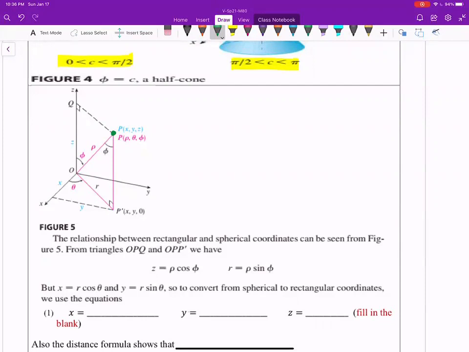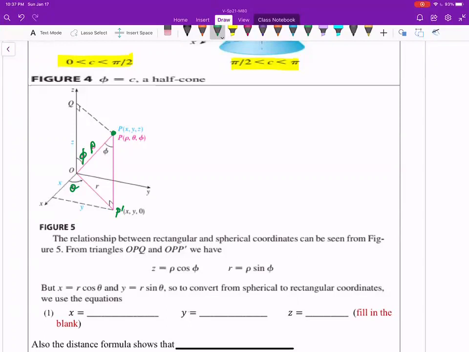If P is a point in space, then rho, theta, and phi are the spherical coordinates, and rho is the distance between O and P. Theta is the angle between OP prime and the positive x-axis, where P prime is the projection of P onto the xy plane.